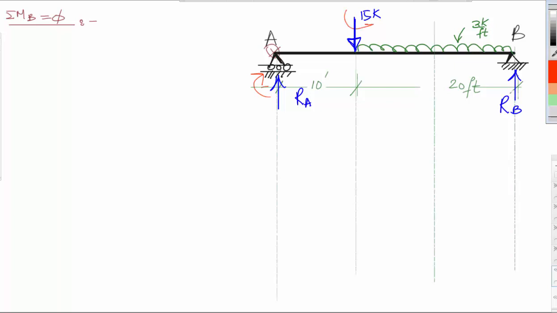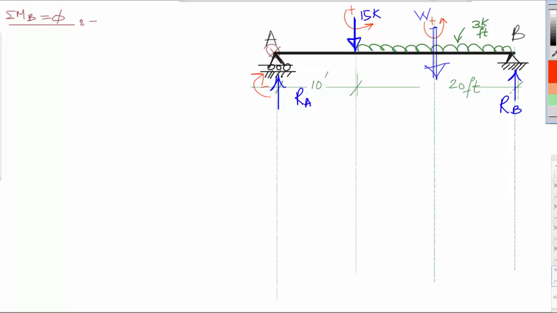This will rotate counterclockwise, which is positive. And as we said, the uniform load will be substituted with a force in the middle. This resultant is the equivalent of the load, and it will act at mid distance. This distance will be 20 divided by 2. So this will also rotate counterclockwise, which is positive.